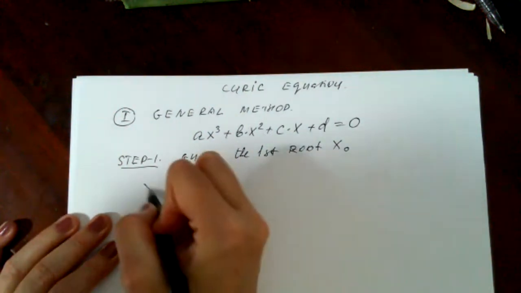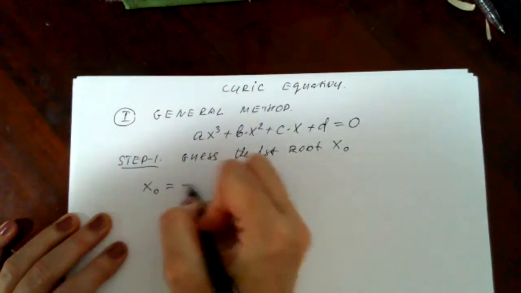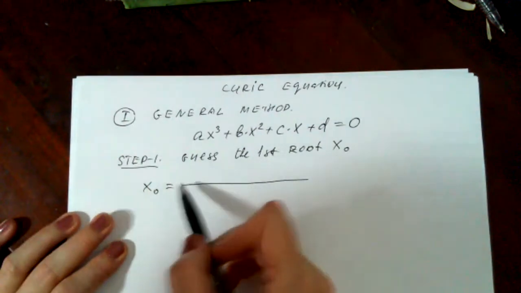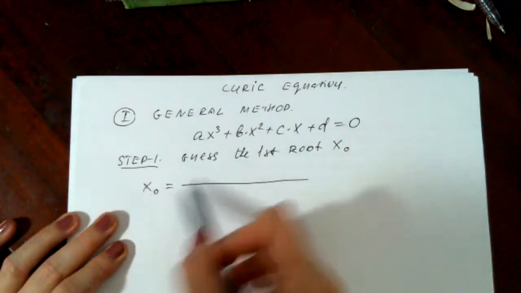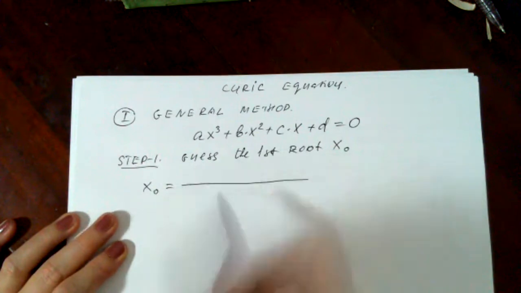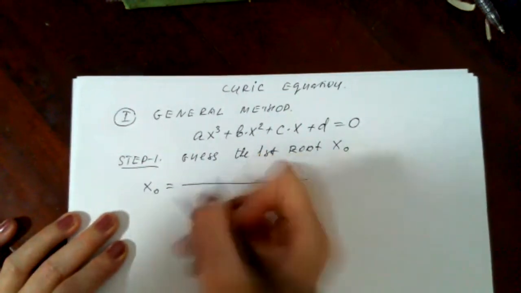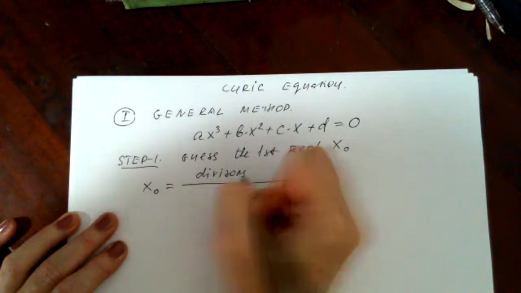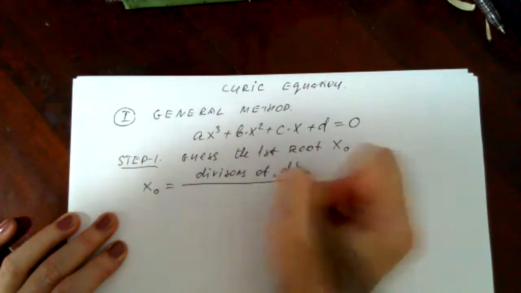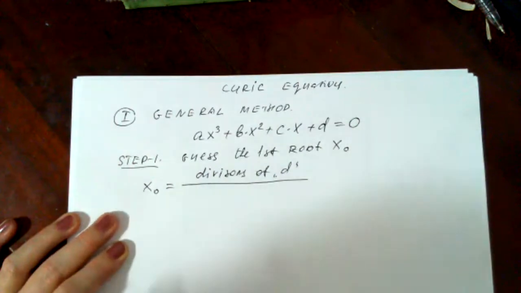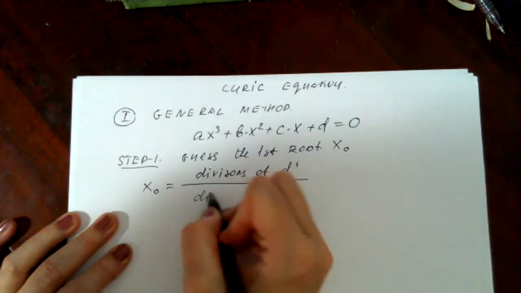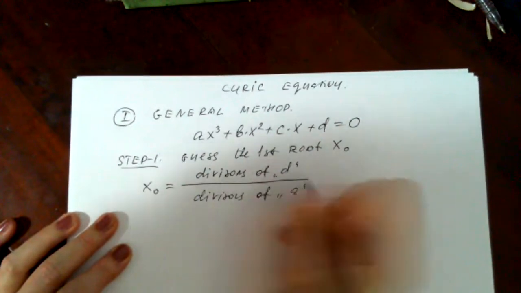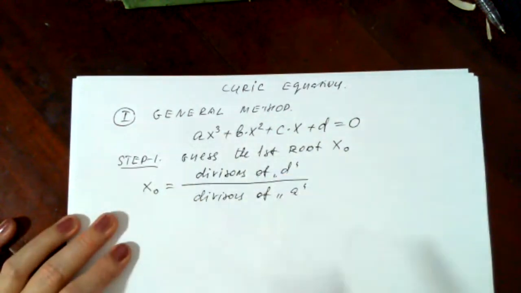So it turns out that you may do your guess among the following numbers. These roots x0 should be guessed only among the numbers given by the following formula. The numerator is the divisors of d, where d is this coefficient in this equation, divided by the divisors of a, where a is this coefficient in front of x cubed.